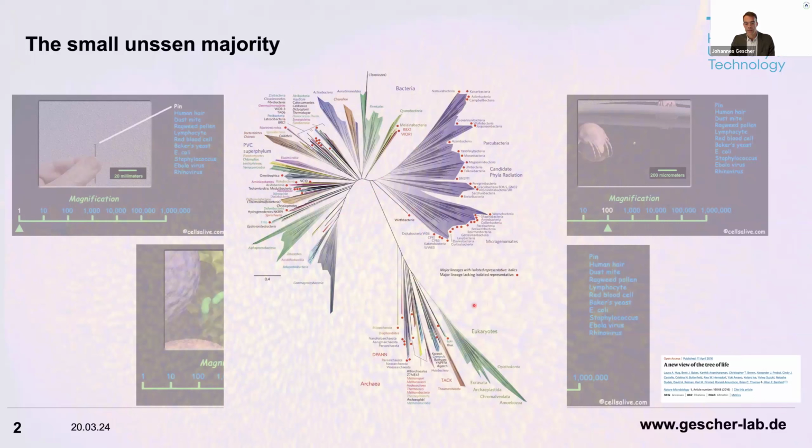Then we have the kingdom of eukaryotes, and we are part of this kingdom. Fungi, animals, and plants are part of these eukaryotes, and you see this is by far less diverse. The third kingdom is called archaea, and these organisms also resemble bacteria in their shape and general structure. So these microorganisms that make up biofilms are the most diverse kingdom, the majority of organisms on our planet.